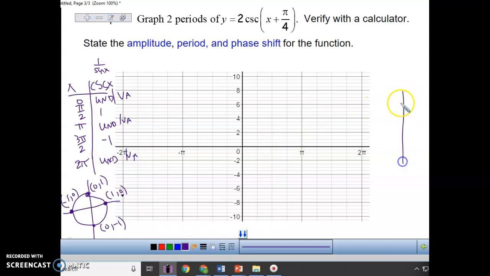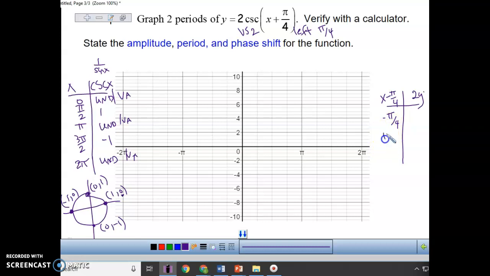All right, using my transformations, which in this case are vertical stretch by 2 and left pi over 4, I'll make my formulas. And then I'll take these values and I'll run them through these formulas. So the first one will be negative pi over 4.